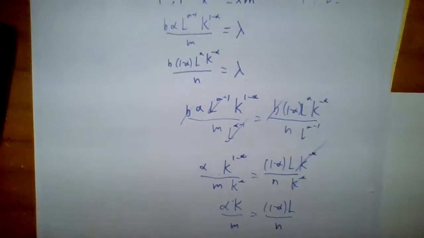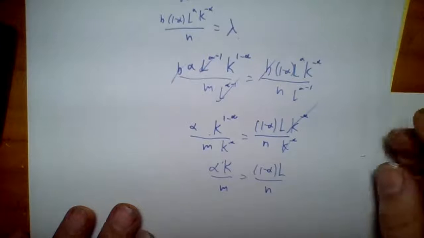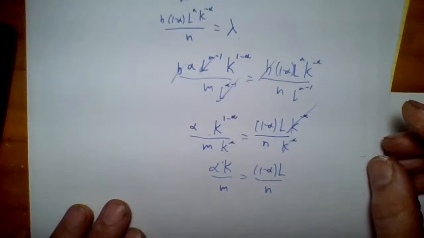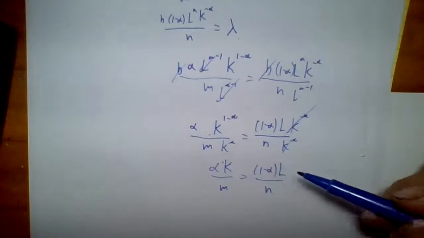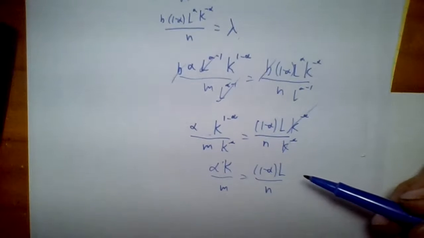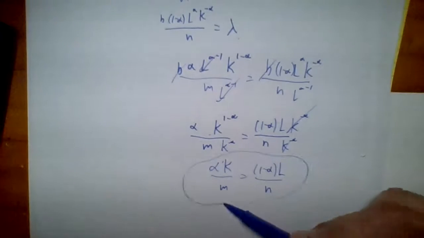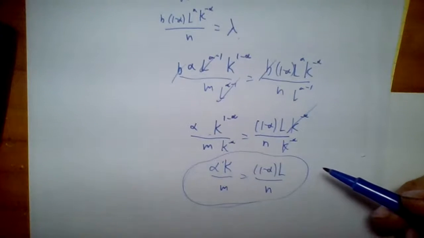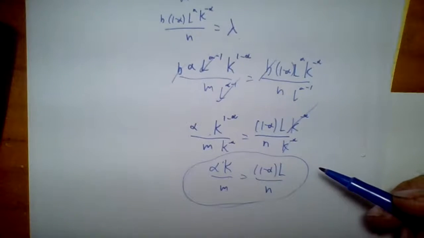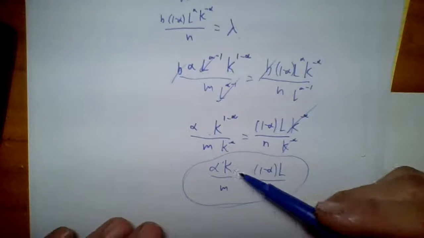We're getting a little simpler finally. I could solve for either K or L right here and make some substitution if I wanted to. I've got a nice relationship between them. So keep track of this. I'm going to get K by itself.